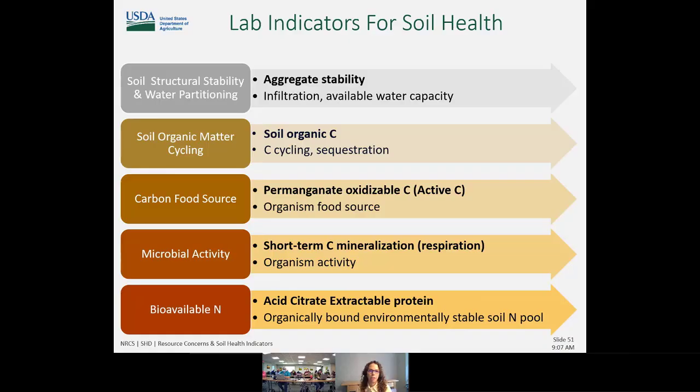So these indicators are associated with those functions on the left here, and can be part of the assessment for soil structural stability and how water will partition and move through the soil profile, soil organic matter cycling, carbon as a food source for microorganisms, microbial activity specifically measured by respiration, and the bioavailable nitrogen.